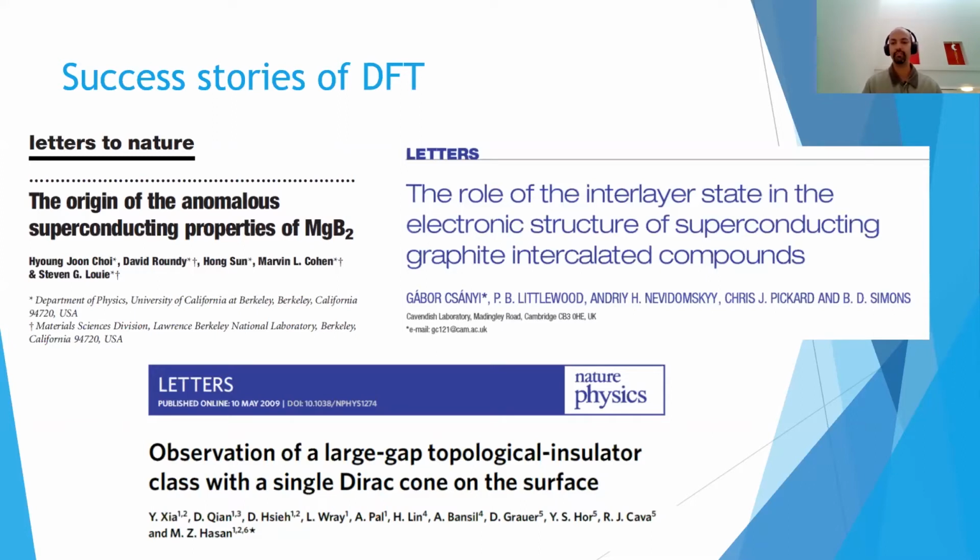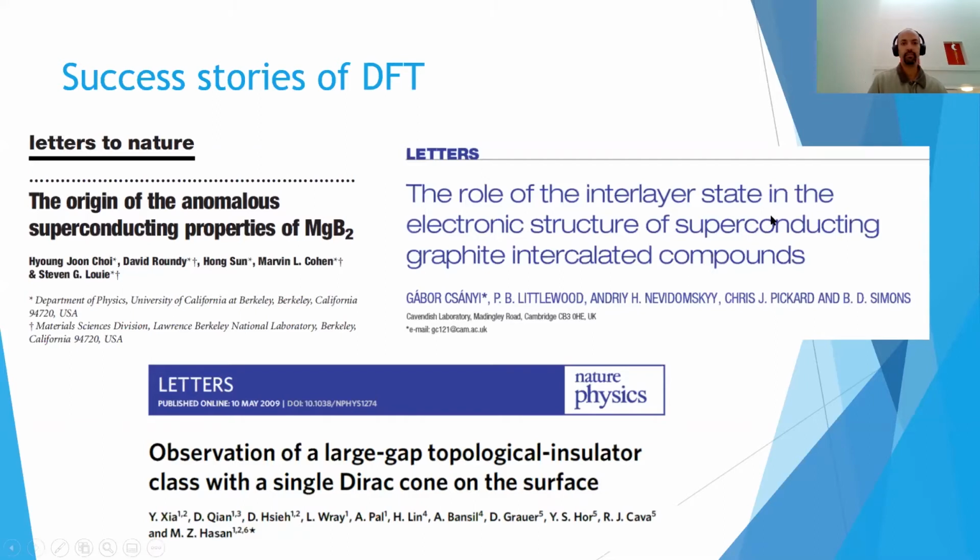Its transition temperature is about 40 Kelvin. Now, when was it discovered? People were crazy about it. It's neither a low temperature superconductor, which people apparently understood back then, nor a high temperature superconductor. It wasn't very clear what the phenomenology of superconductivity in MgB2 was.